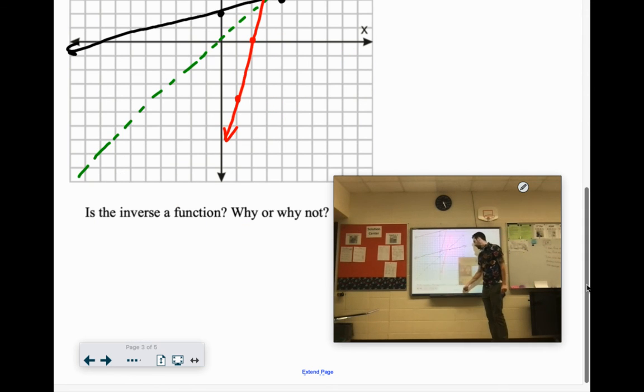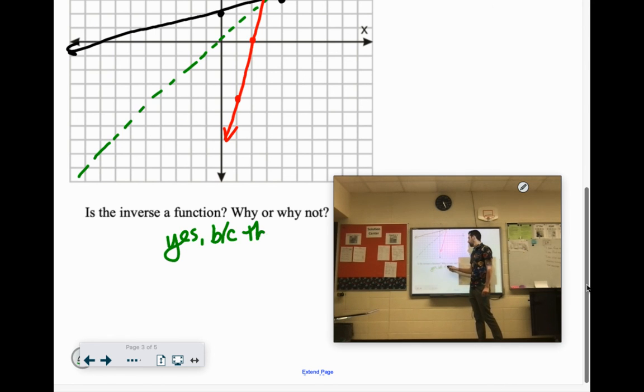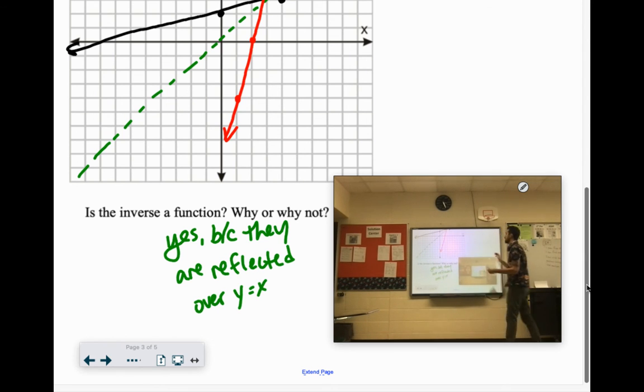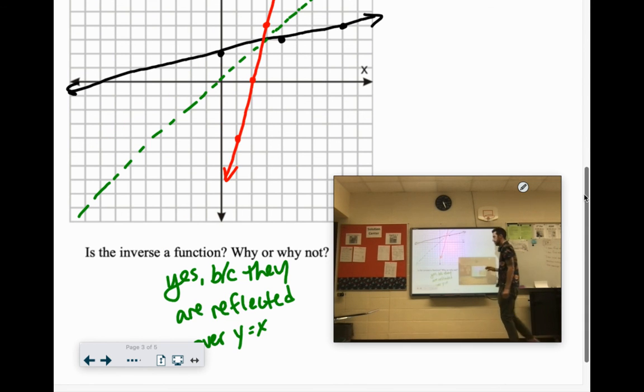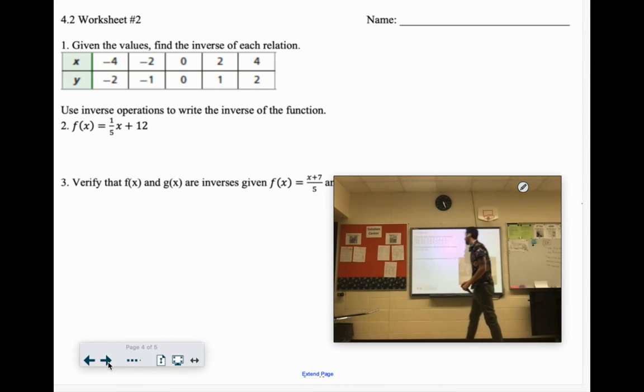So yes, because they are reflected over y equals x, which again is just that diagonal line across the whole graph there.